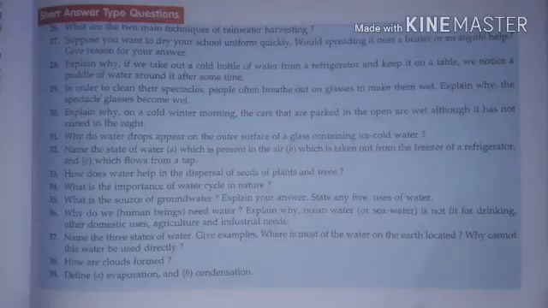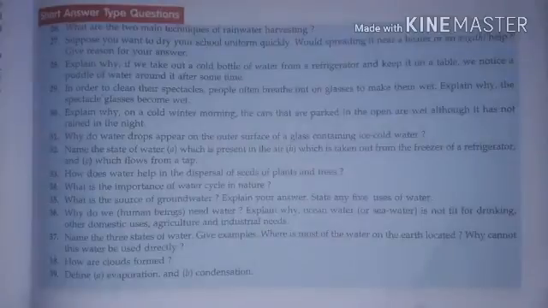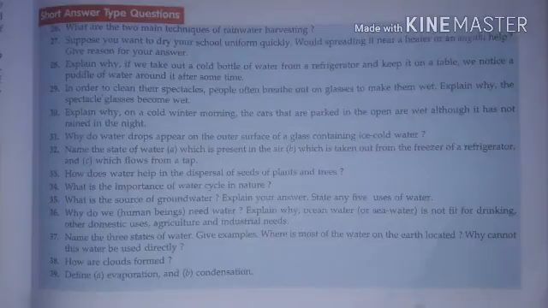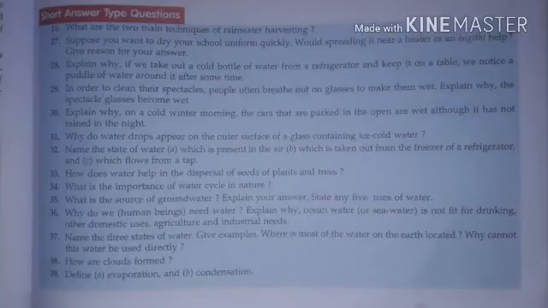And next, how are clouds formed? It is very simple. Because of transpiration and evaporation, the water becomes vapor. When these vapors go up, they form clouds, right? Whenever these vapors cool down, they form clouds.